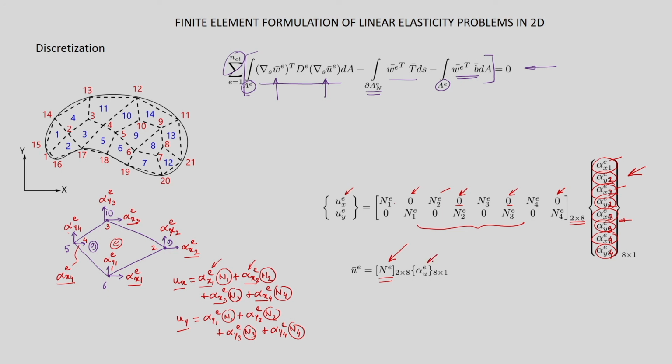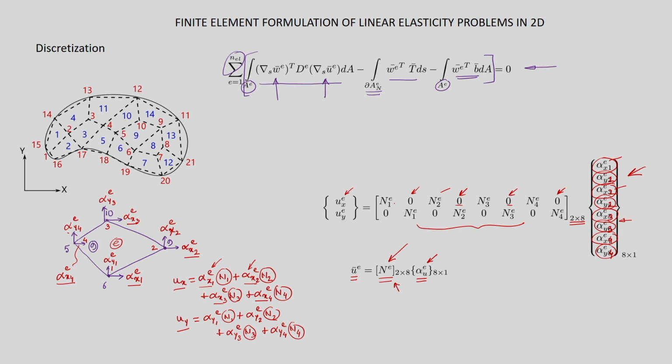That vector is denoted as alpha u, because that represents the vector u bar. So, we got u bar as N times alpha u. Fine. So, once we are able to represent u as a linear combination of the shape functions that we already constructed earlier for this quadrilateral element with degree p equal to 1.